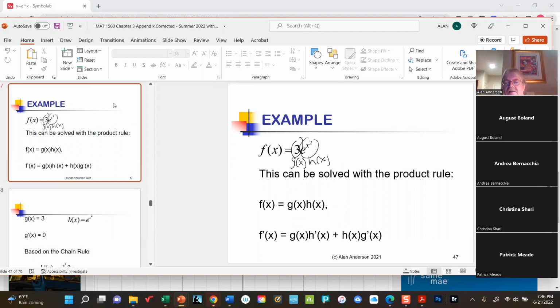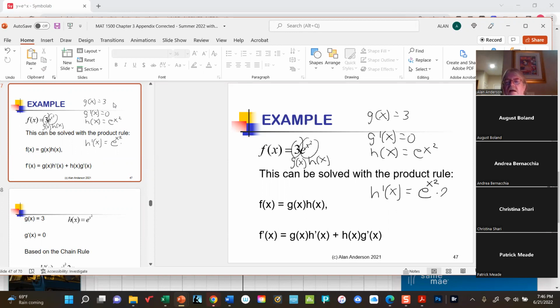Now, g of x is easy because g of x is 3, and g prime of x, of course, is just 0. H of x is therefore e to the x squared. The challenge here is what to do about h prime of x. So as we saw before, it'll just be the original function times the derivative of that exponent.